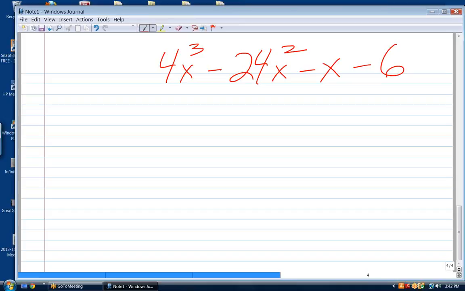Not very many cubics can you use grouping to solve, but this happens to be one of them. And what I look for to do grouping is the ratio of these coefficients is the same as the ratio of those coefficients. Okay. So I'm going to group.